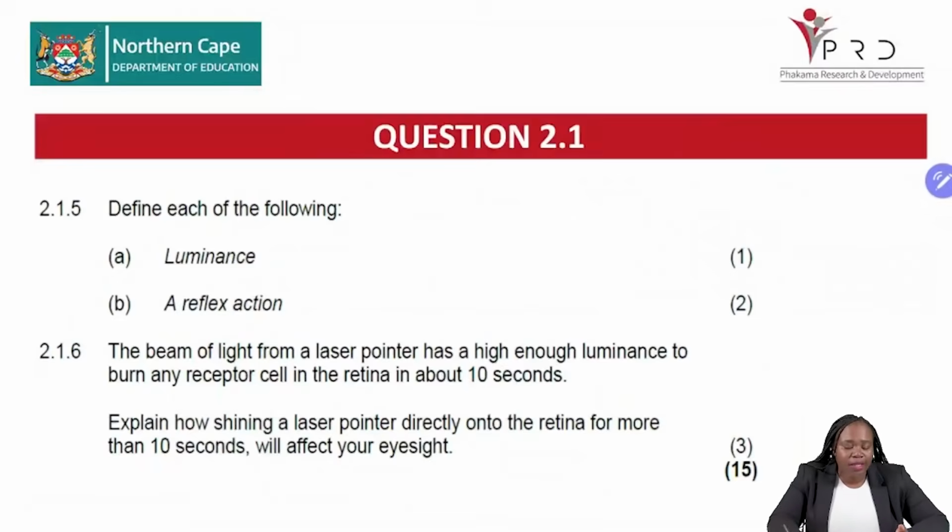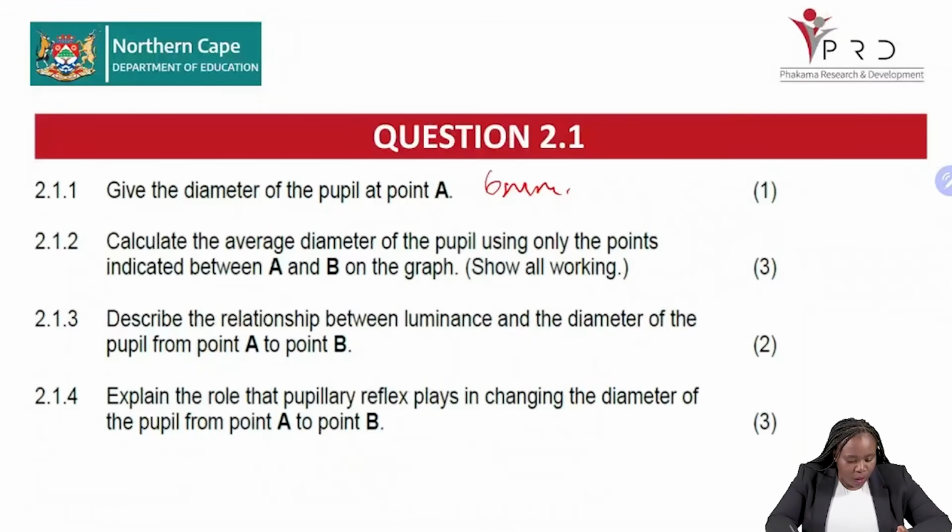Right. Okay, let's go to the second question, 2.1.2. It says calculate the average diameter of the pupil using only points indicated between point A and B in the graph shown. Show all working.